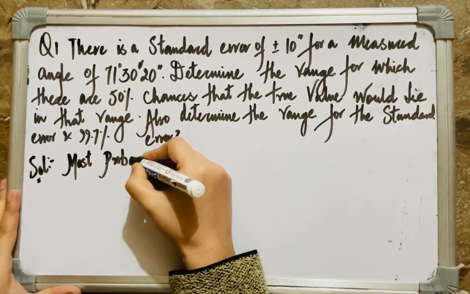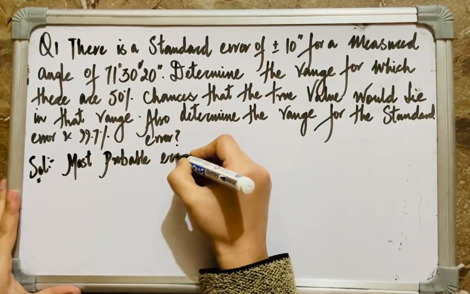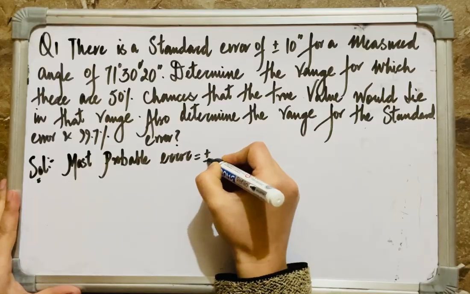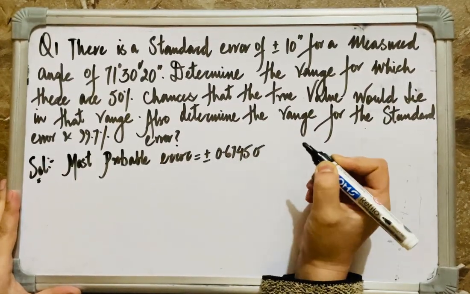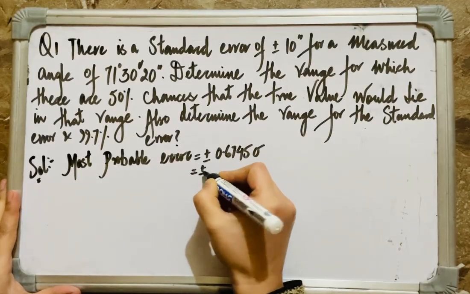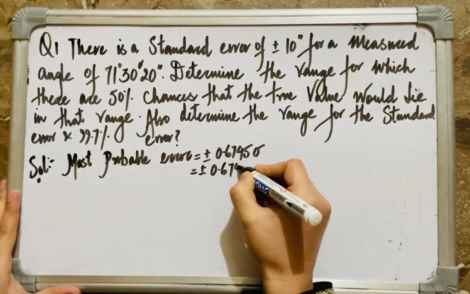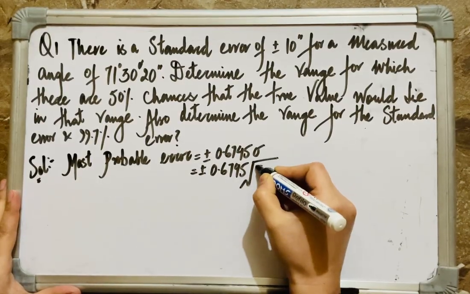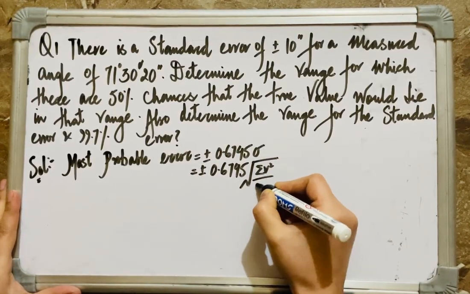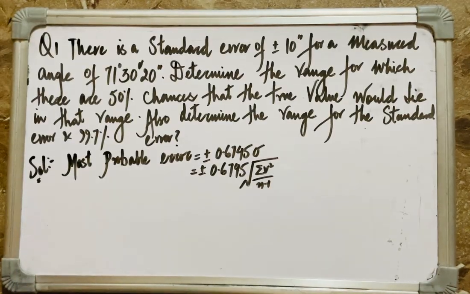Most probable error, and you know that it is equal to plus minus 0.6745 times the standard deviation, or sigma. We know that standard deviation is given by the square root of summation of v square divided by n minus 1, where summation of v square is the sum of the squares of the residuals, or the residual errors, or the variations.